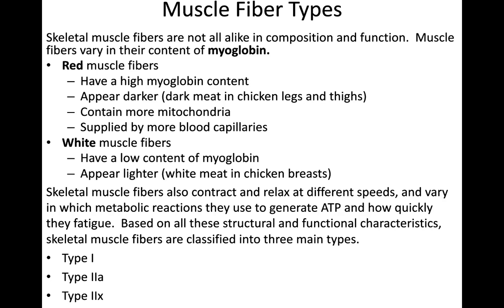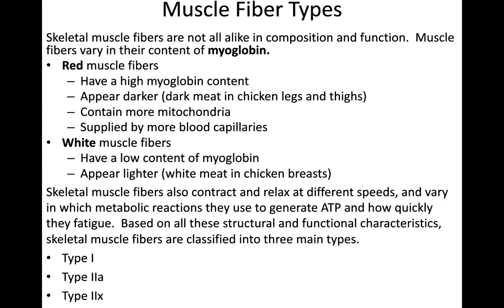But aerobic respiration does take place in the mitochondria, and therefore there's going to be a lot of those organelles in your red muscle fibers. Red muscle fibers are also going to be supplied by more blood capillaries to deliver that oxygen and to remove the waste that those muscle fibers are producing.